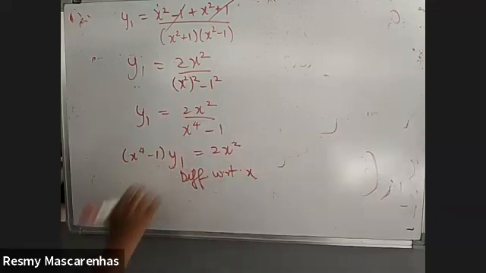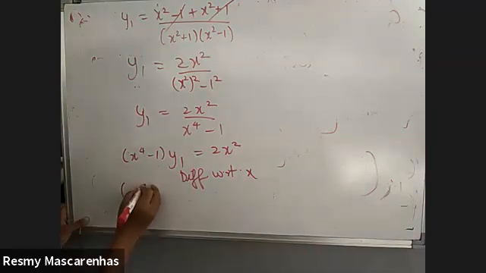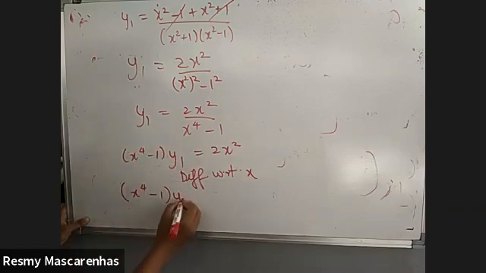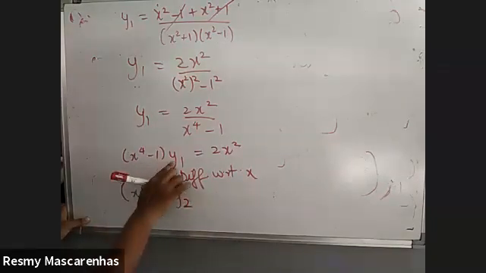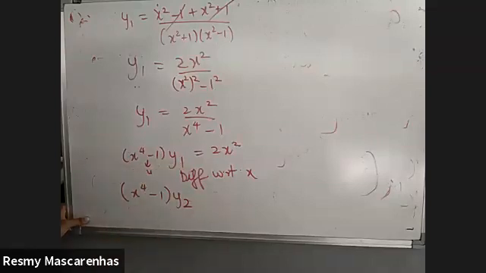U into V formula you use. So this will be x raised to 4 minus 1 into y1, so this is U, this will be V. So derivative of y1 will be y2.